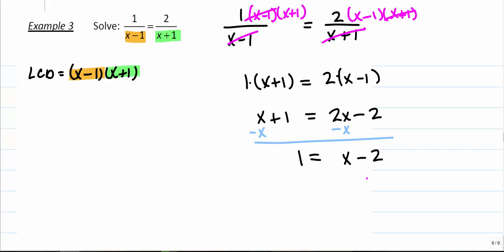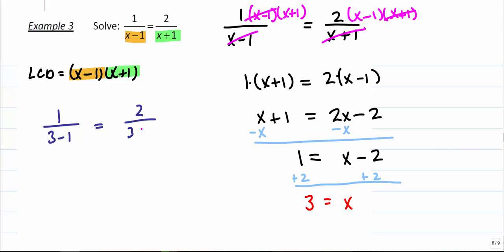And then I would add 2 to both sides, and I would have my solution, 3 equals x. I can always check my answer. 1 over 3 minus 1, does that equal 2 over 3 plus 1? Well, yeah, that's 1 over 2 equals 2 over 4. And we know 2 over 4 is a half, and a half is a half, so we know that works.